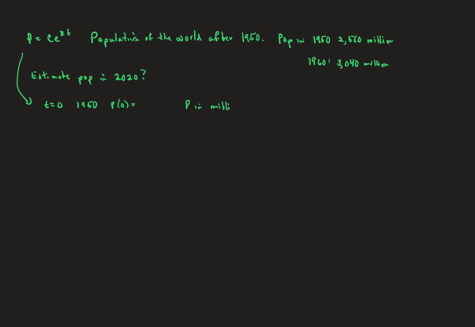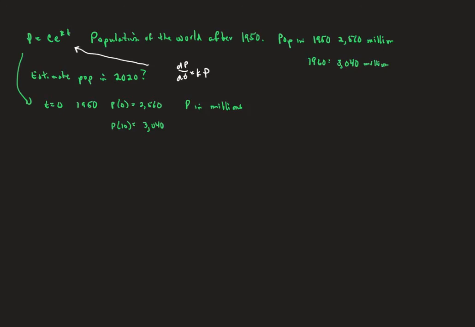So P of 0 is 2,560, and P of 10 is 3,040. We had our differential equation dP/dt equals kP, which led to our general solution of P equals Ce to the kt.